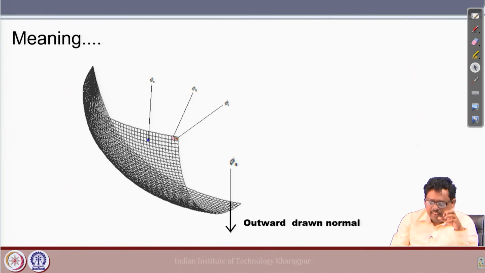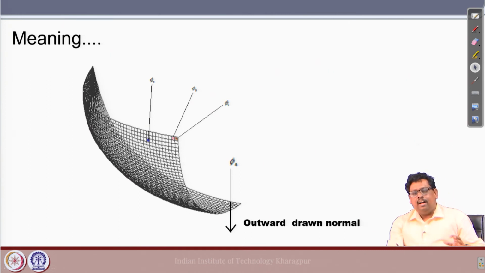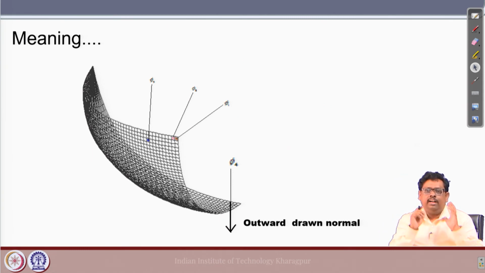Now, if I do that, you can see this phi 1, it may not be visible properly. I just write phi 1 for this panel, phi 2 for the next panel, and phi 3 for some panel that is very far away from these first two panels, and you can see phi 4 is further away. So, unlike the finite element where you need the matrix in a specific format, here we really do not need that.